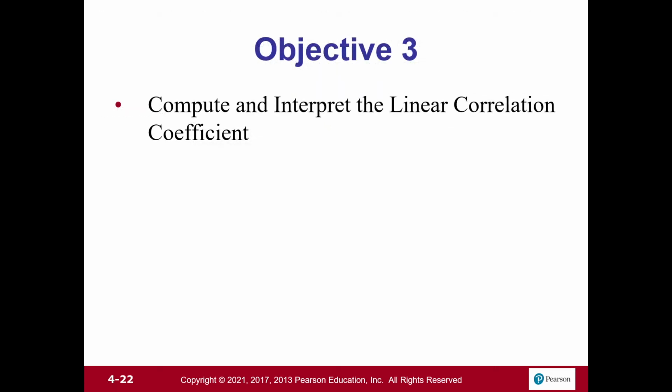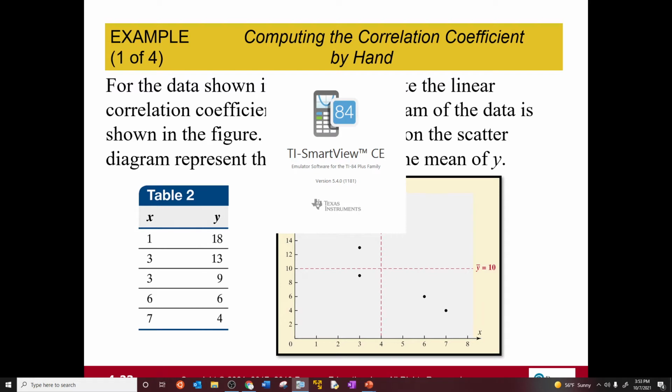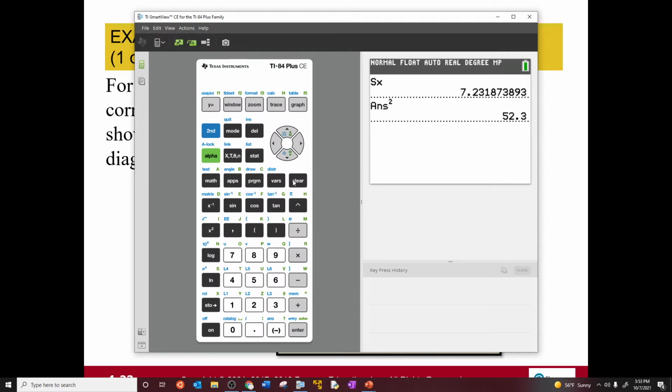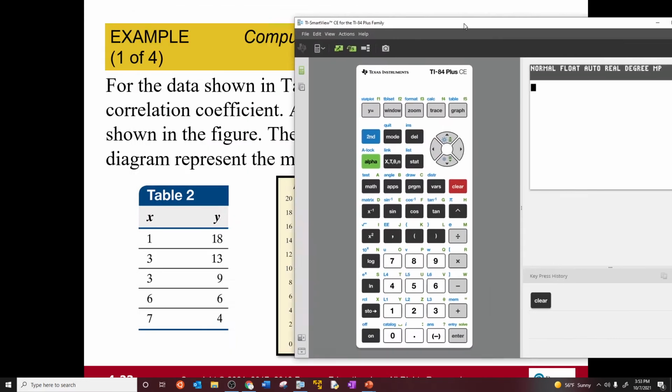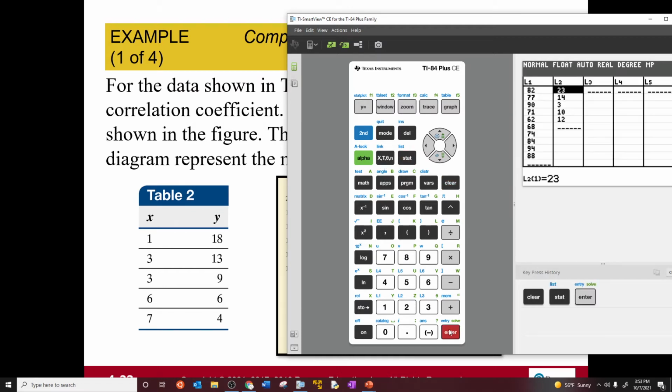Now, here it says compute and interpret the linear correlation coefficient. That's the r. Again, we definitely use technology, and now I'm going to demonstrate how we use technology at this point. We have a little data set there, and I'm going to clear this out. I'm going to put my x values in L1, so let me check my data. Right now I have 2 things.